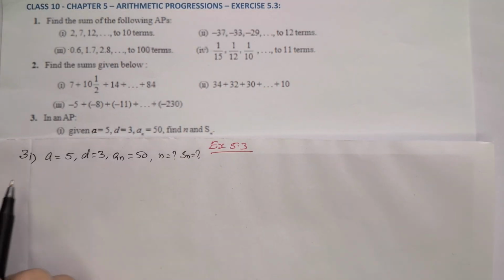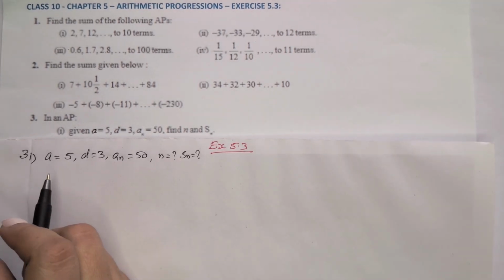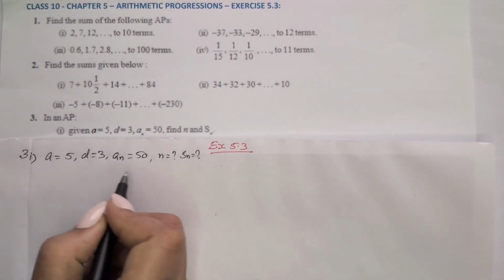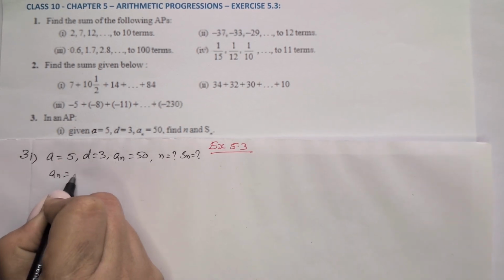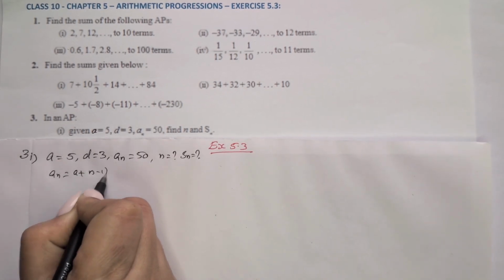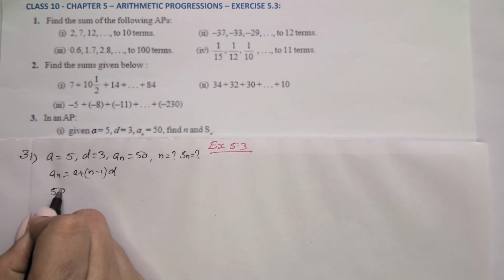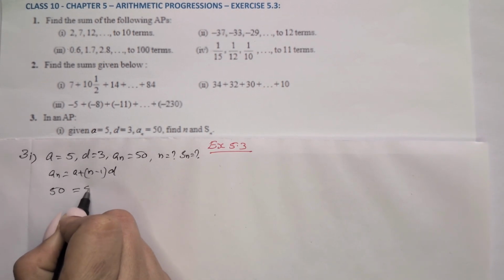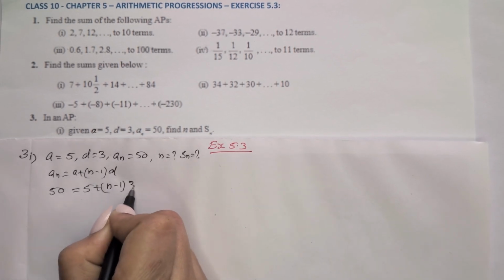Third question, in the given AP, a is equal to 5, d is equal to 3, an is 50. We have to find n and Sn. To find n, first we have to write the formula. an is equal to a plus n minus 1 into d. Here an is given as 50, which is equal to 5 plus n minus 1 into d, which is 3.